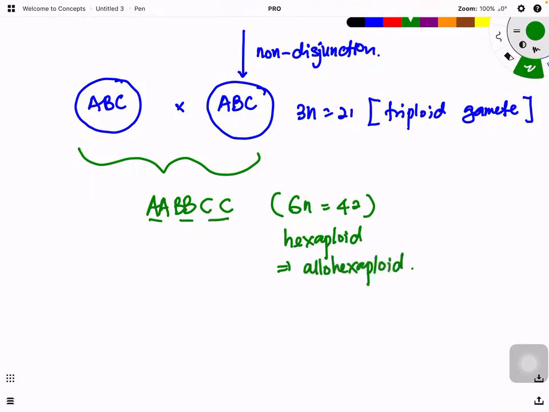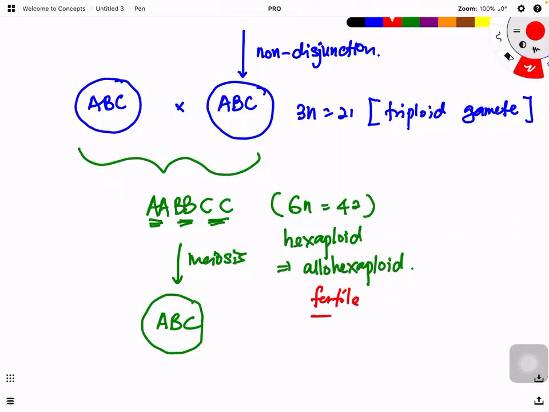In this allohexaploid, AA can pair up, BB can pair up, CC can pair up, so they can carry out normal meiosis to get A, B, C. Are you clear? That's why we call it fertile.